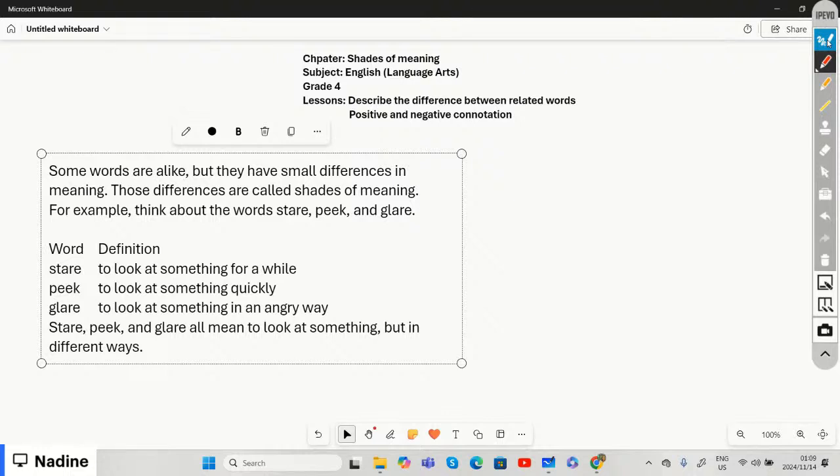For example, if we look at shades of meaning, we need to look at the word. Think of the words stare, peek, and glare. Look at those three words.